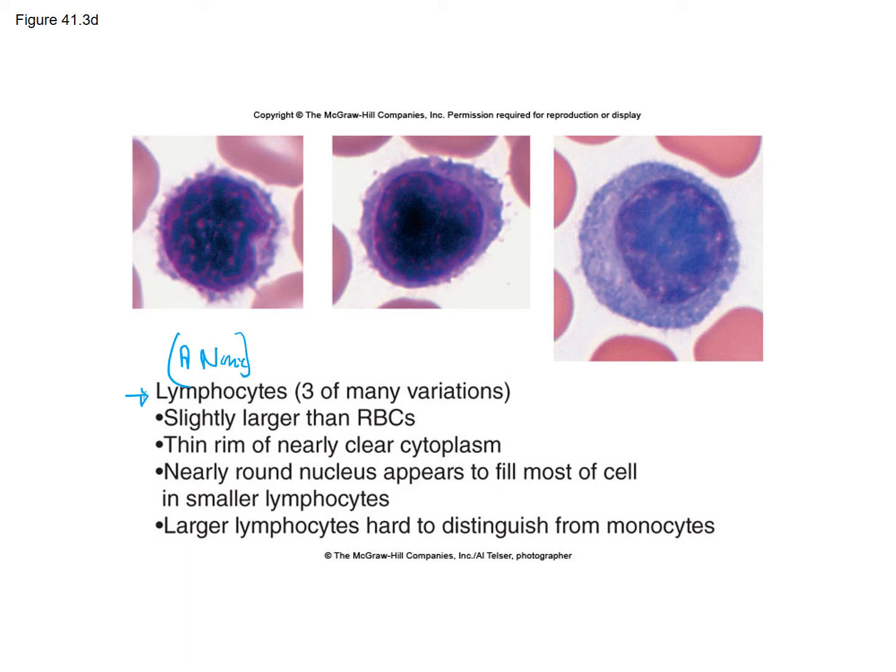As you can see, the nucleus almost covers the cytoplasm. See this little border, this is cytoplasm, and it's a little bit larger than the red blood cells. The entire nucleus covers most of the cytoplasm. So it's a larger lymphocyte, hard to distinguish from monocytes.